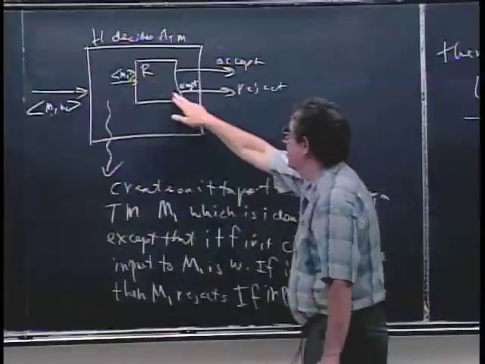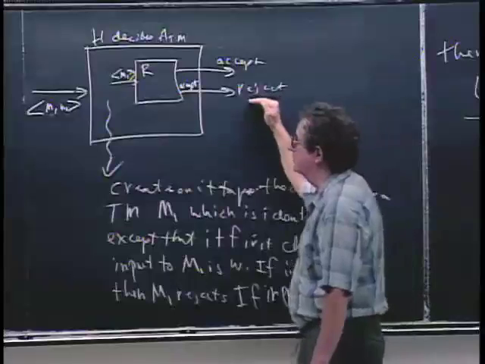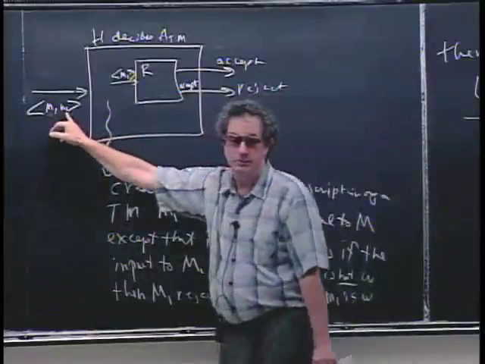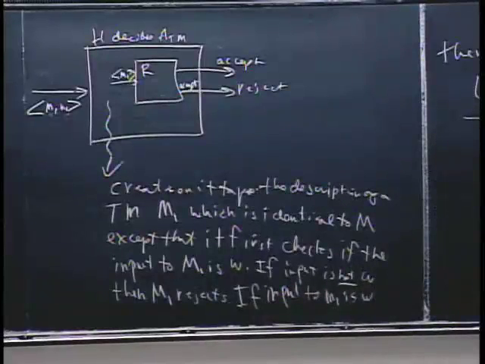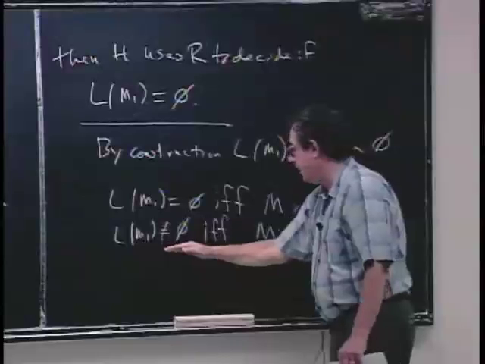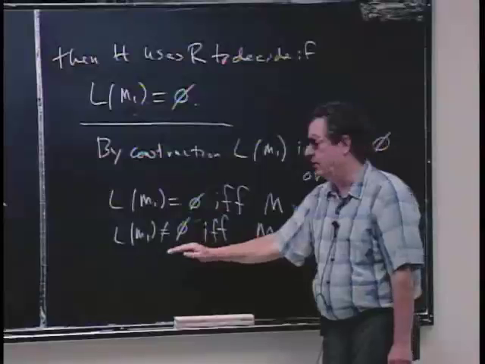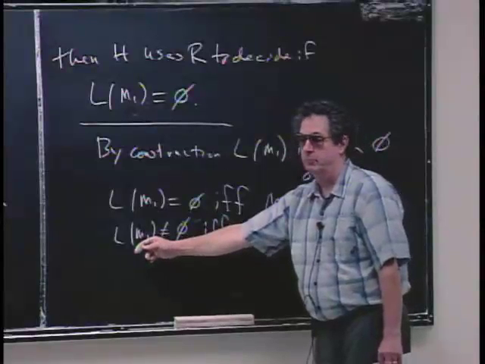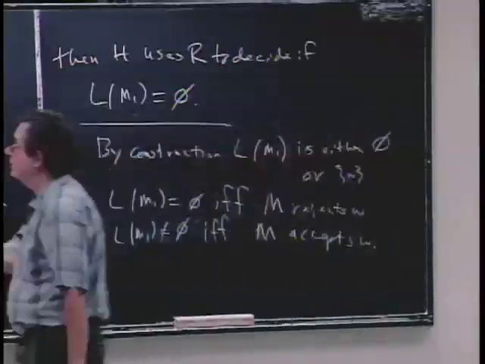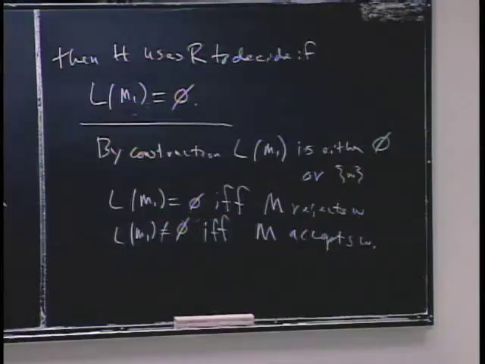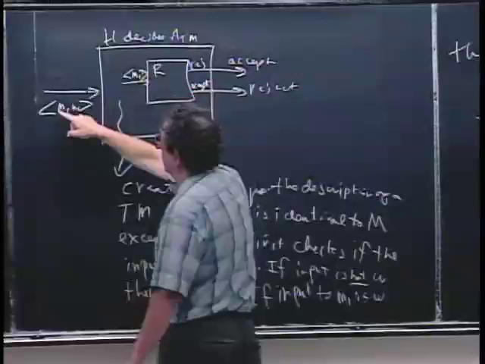So when R accepts, we want to report a reject because that means that M rejects W. And when L(M1) is not empty, that's a reject by R. R rejects its input M1. But that means that M accepts W. So whenever R says a reject of its input, then we want to report an accept that M accepts W.